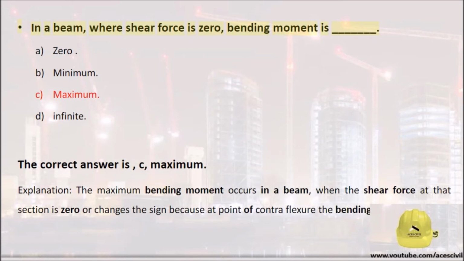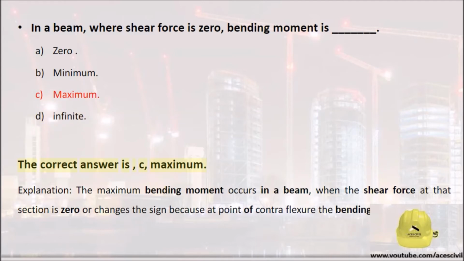In a beam, where shear force is 0, bending moment is: A. 0, B. Minimum, C. Maximum, D. Infinite.